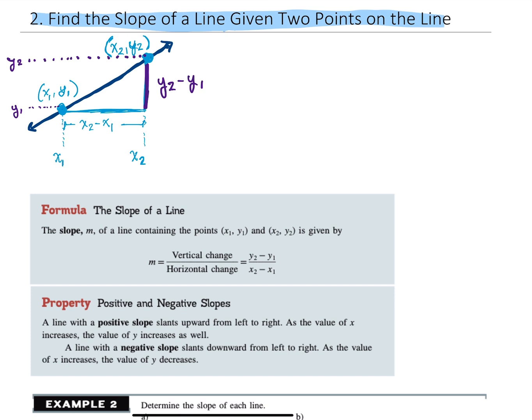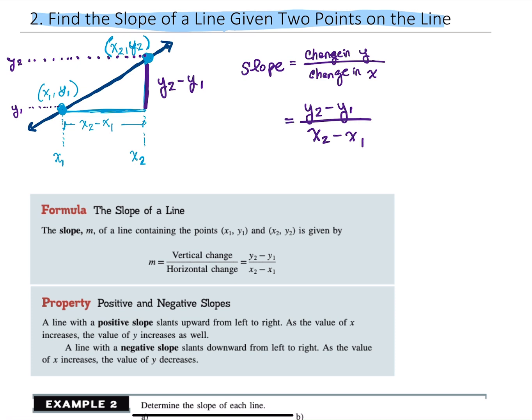So let's put that into a little equation. If we're saying that slope is rise over run, or the change in y over the change in x, we're saying the change in y is y2 minus y1, and the change in x, x2 minus x1.